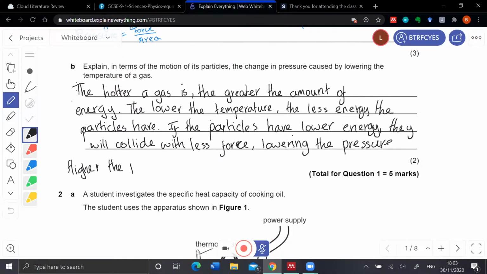You could do it the other way around, but just be consistent. Obviously, the lower the temperature, the lower the pressure.